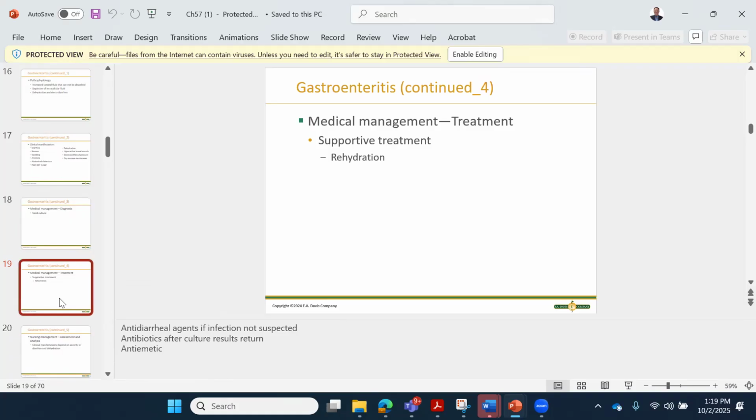Also, antibiotics. You always remember that cultures are drawn before antibiotics are given, but you don't necessarily have to wait for the cultures to result to start the antibiotics, because sometimes patients can't wait 24 to 72 hours to start the antibiotic.